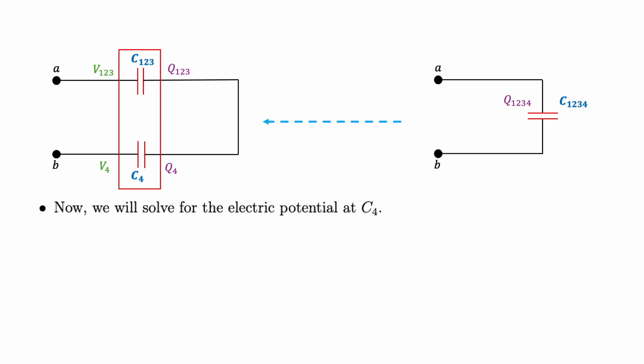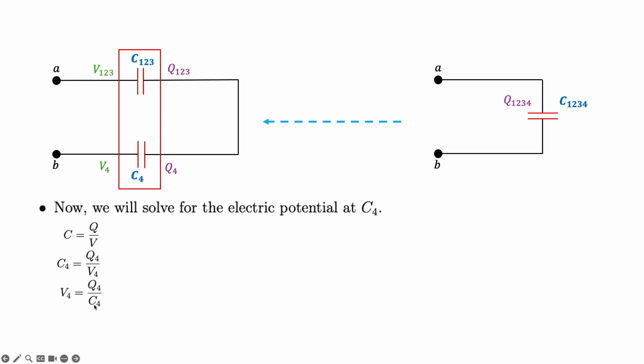So at this point, we can now solve for the potential at 4, the voltage at capacitor 4. By definition, again, your capacitance is just the charge per voltage. In the context of capacitor 4, the capacitance of capacitor 4 is simply Q4 over V4. Rewriting this, V4, the potential at 4, is equal to the charge at 4 over C4.